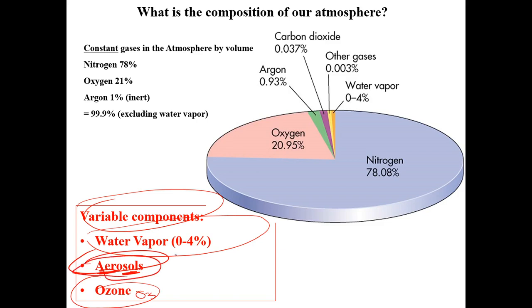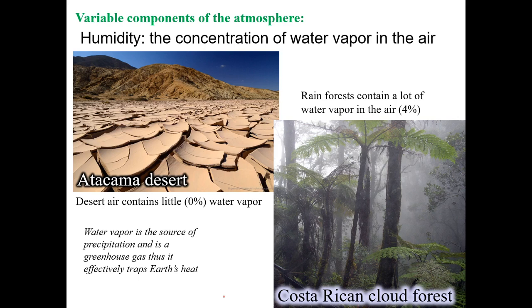Aerosols are not gases, but they are solid particulates that are suspended in air. These are things like ash, smoke, dust, sea salt, that can be suspended in the atmosphere for quite a long time. Those are also a variable component of our atmosphere.